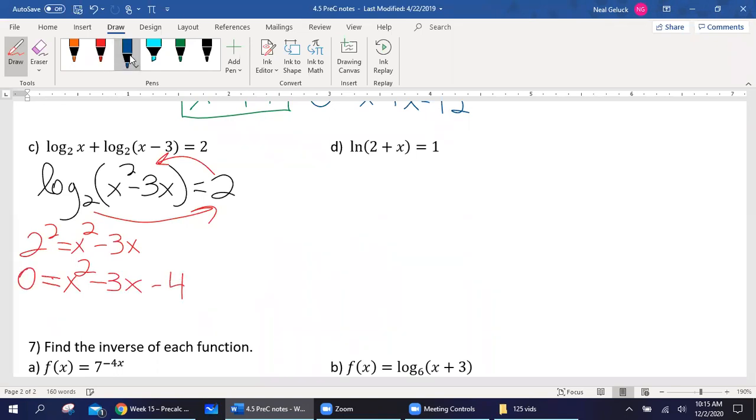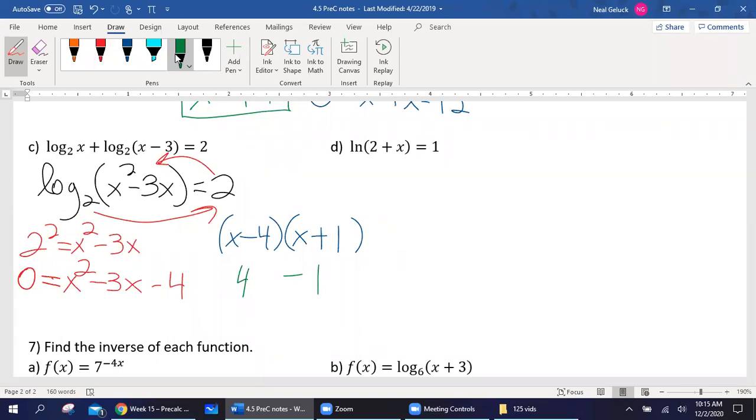Hopefully this factors, and it does. This will factor into x minus 4, x plus 1. So I get answers of 4 and -1.